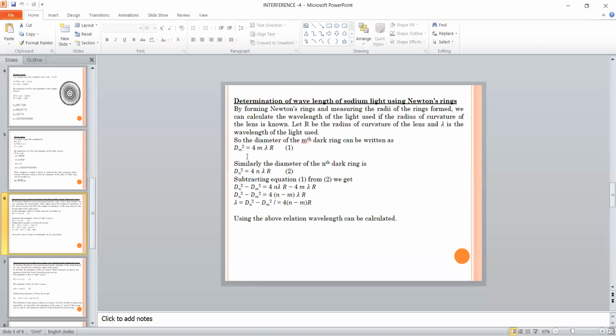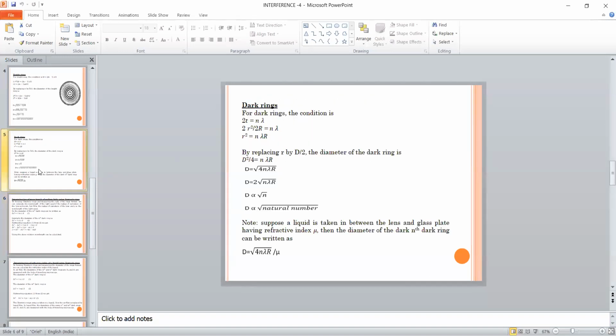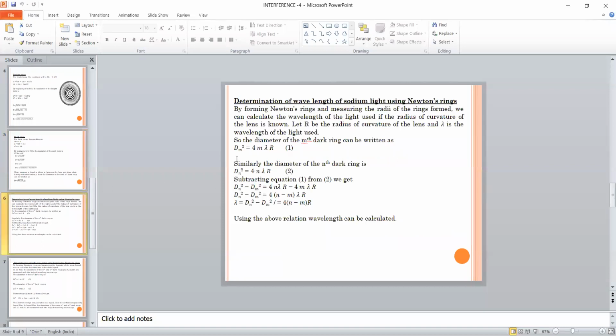Just now we discussed the diameter of the ring. So this is the formula, diameter of the dark ring, D square is equal to 4n lambda r. You remember it. In place of n here we choose m, whether it is n or m, there is no problem.